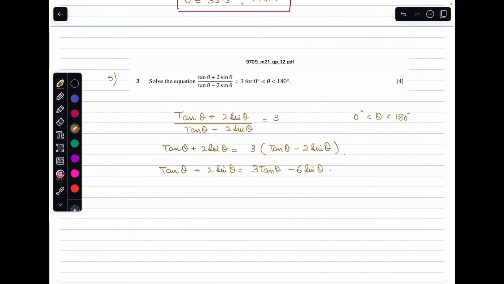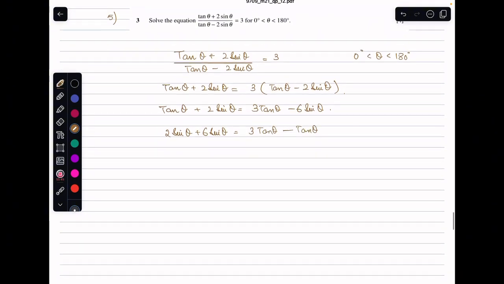Or I can say 2 sine theta + 6 sine theta equals 3 tan theta − tan theta. Solving further, it becomes 8 sine theta equals 2 tan theta. The 2 and 8 I can simplify to 4 sine theta.